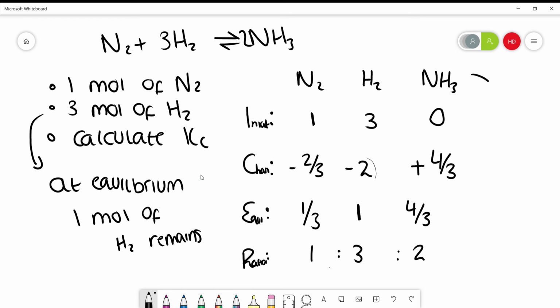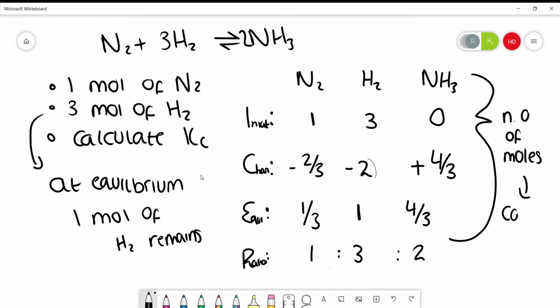Now this gives you the number of moles. In a question, you'll have to convert to a concentration, because Kc uses concentrations. So you use the equation that you remember from GCSE or Year 12, n equals cV. To work out concentration, you use n, the number of moles, divided by the total volume.